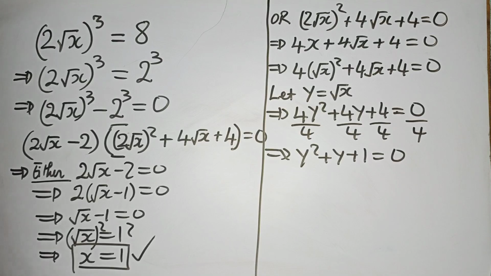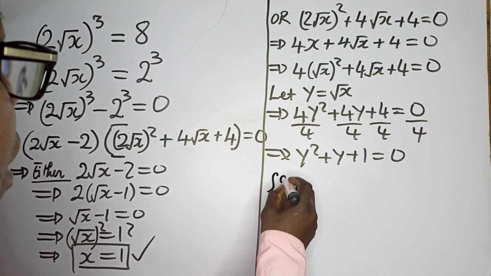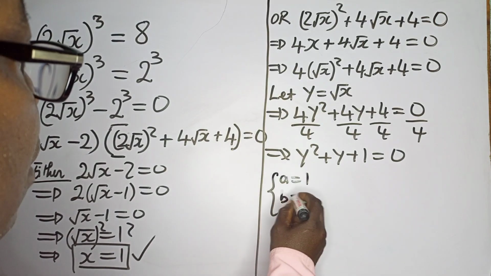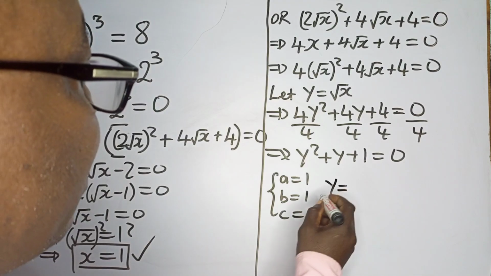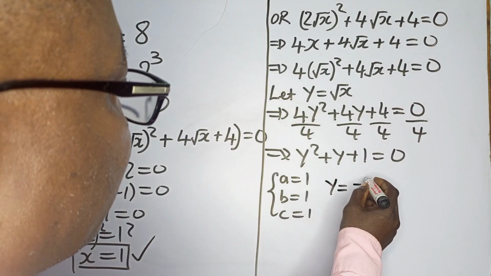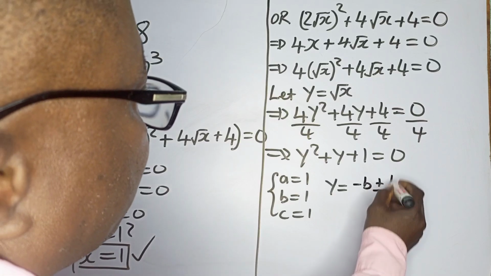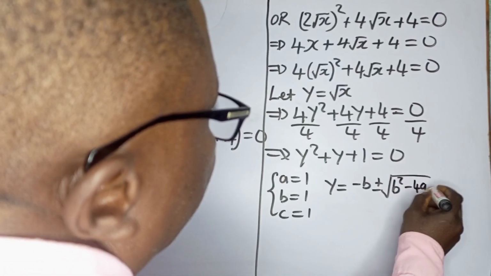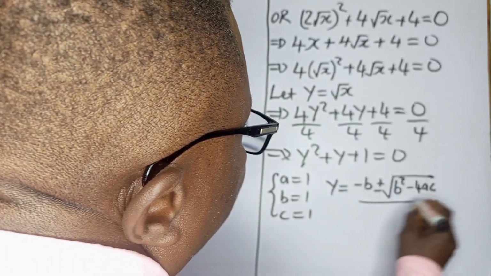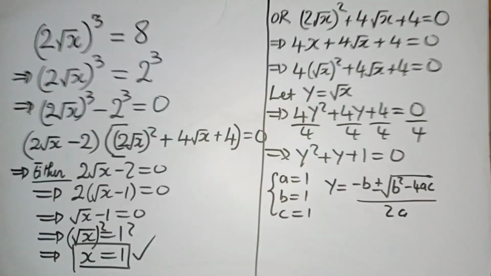How do we solve this? Let us use the quadratic formula. Our a is 1, our b is 1, our c is 1. So our quadratic formula in terms of the variable y equals minus b plus or minus the root of b squared minus 4ac, all of that divided by 2a.